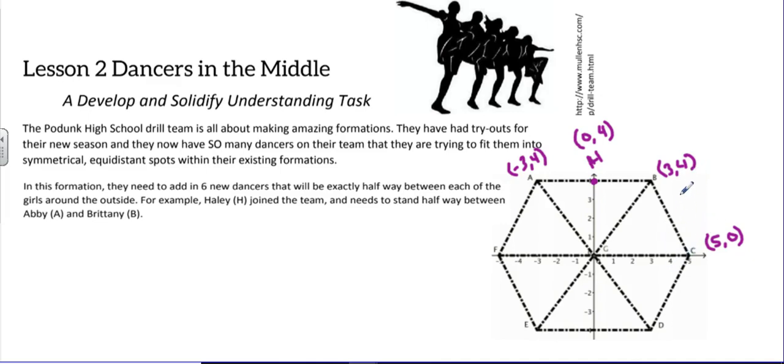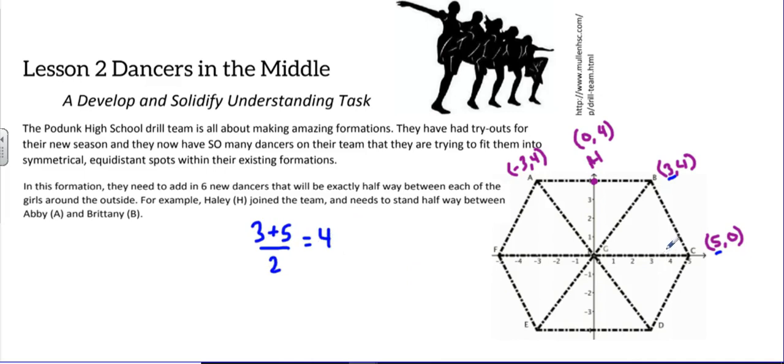If we look at their x coordinates, 3 and 5, we want to find the middle between 3 and 5. To do that, I'm going to average 3 and 5 because that'll give me the middle. That means I add them together and then divide by 2. So 3 plus 5, divided by 2, gives me 4.